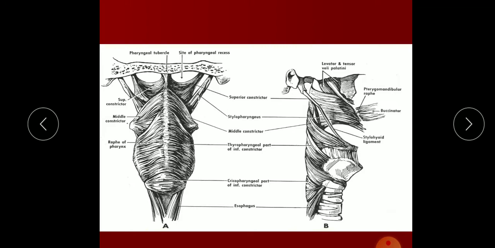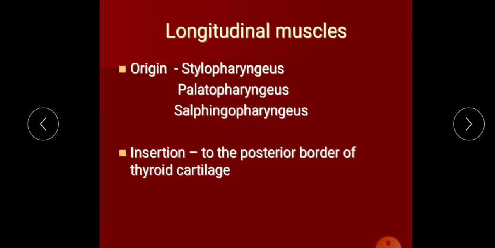Then the third one was salpingopharyngeus, that is from the cartilage part of the auditory tube. So one thing you have to remember is the origin of these three are different. Insertion is into the posterior border of thyroid cartilage. All these three will join together and finally get inserted to the posterior border of thyroid cartilage.